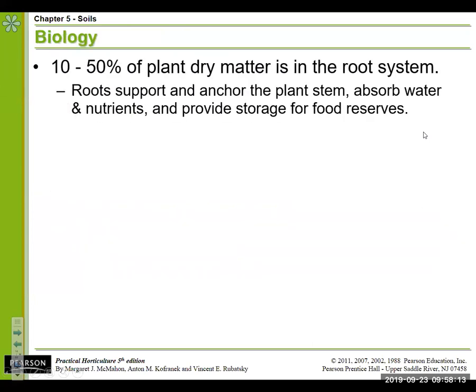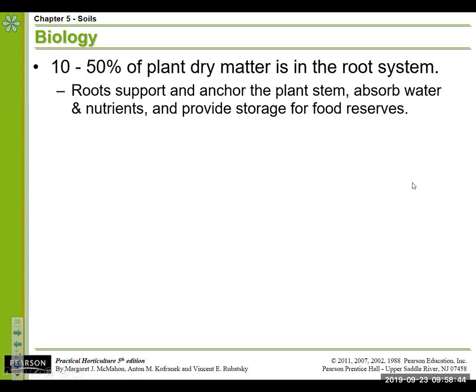All right, so let's look at the whole living aspect of the soil, biology. So we say that up to 50% of the plant's dry matter is in the root system. Generally, it's lower than that, and in some cases it can be higher, especially in arid areas where the plants are putting much more energy into root growth, or with tuberous rooted plants.